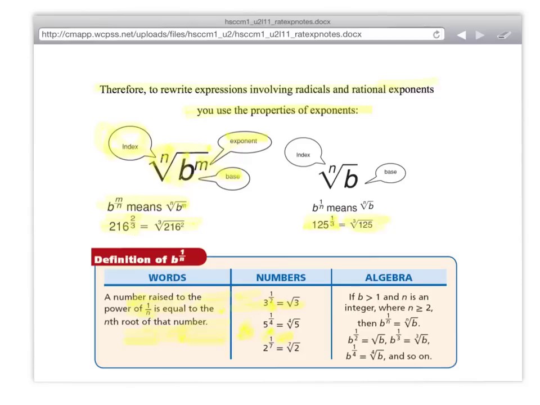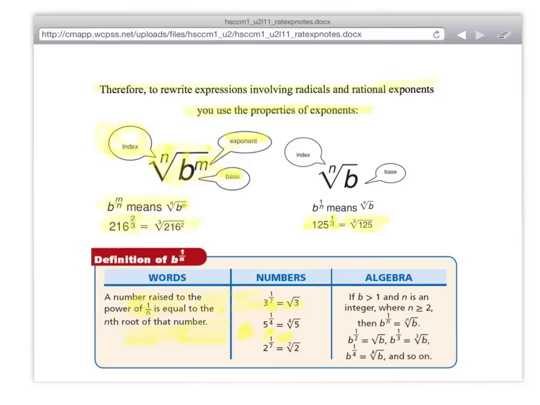Finally, we're going to end with this. The definition of b raised to 1 over n. A number raised to the power of 1 over n is equal to the nth root of that number.